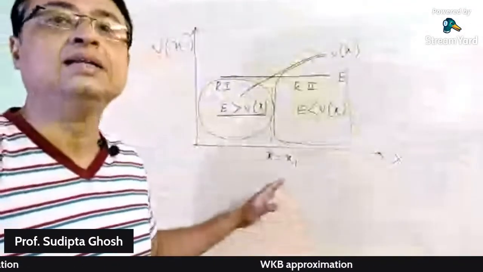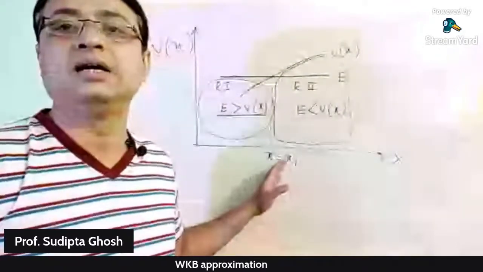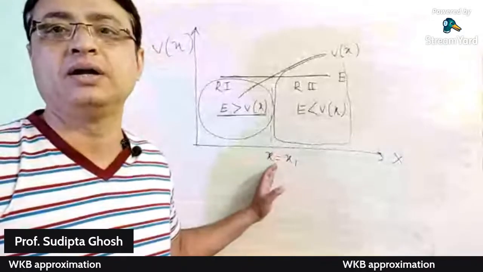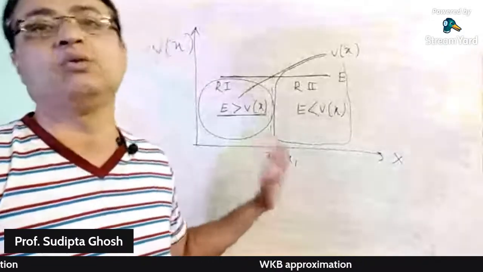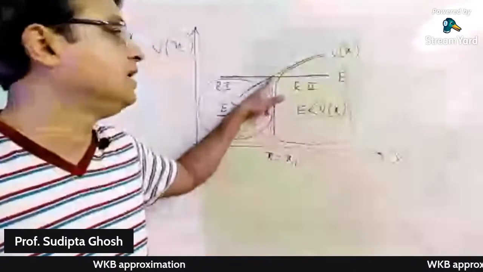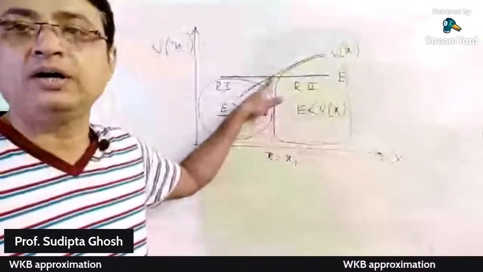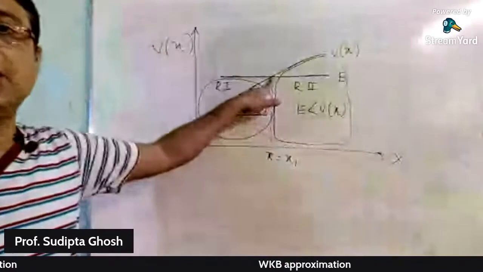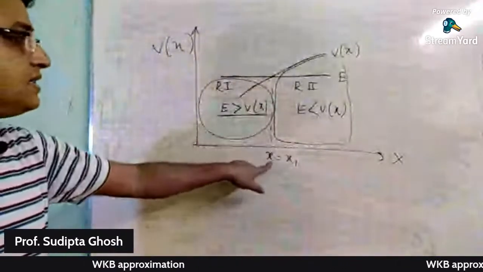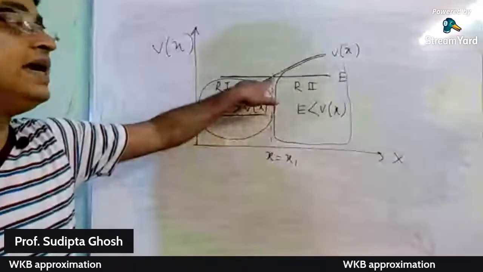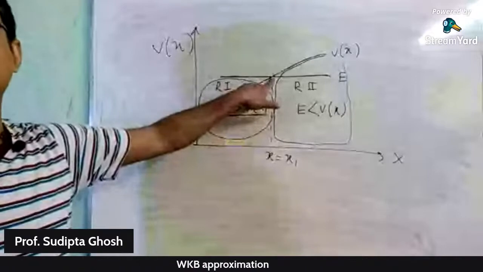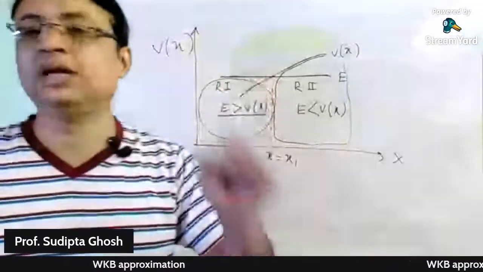And here, this is the classical turning point, that is at x equals x1, where E and V(x) are equal. This is the point of interest. At x equals x1, the energy of the particle and the potential of the region are equal.